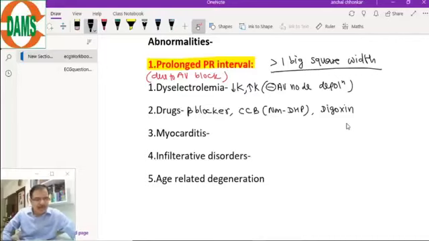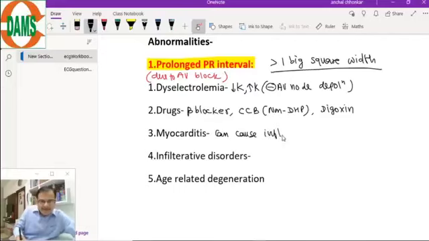Myocarditis, yes, myocarditis can affect inflammation of AV node also.